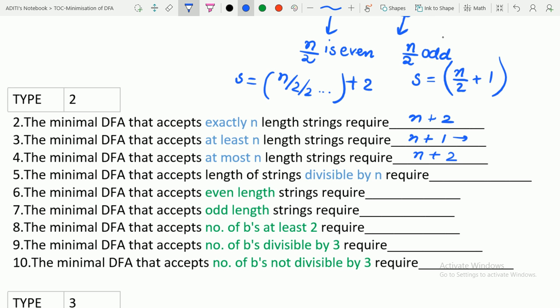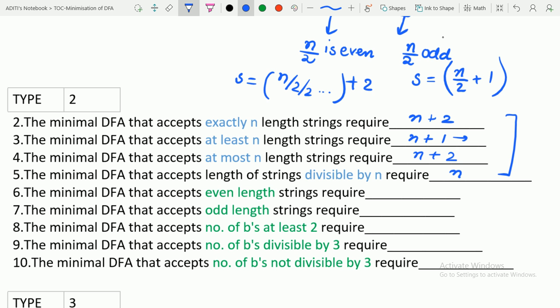And the minimal DFA that accepts strings whose length is divisible by n will require exactly n states. These 4 you have to remember, and based on that you will be able to solve hundreds of questions in the exam.